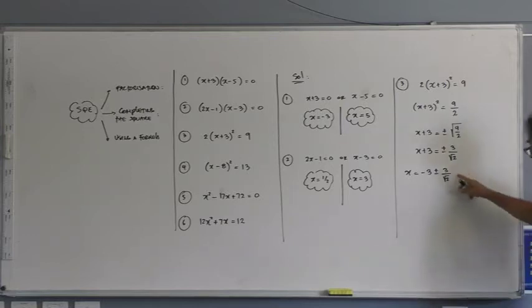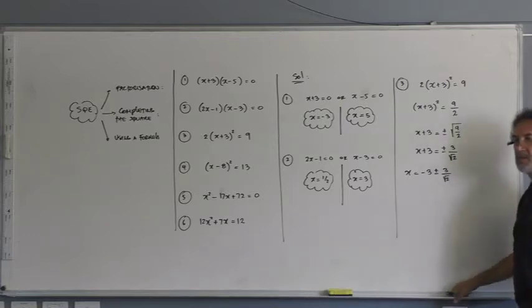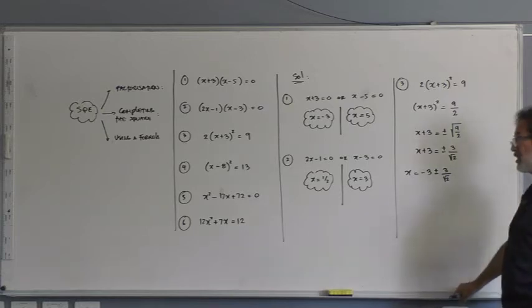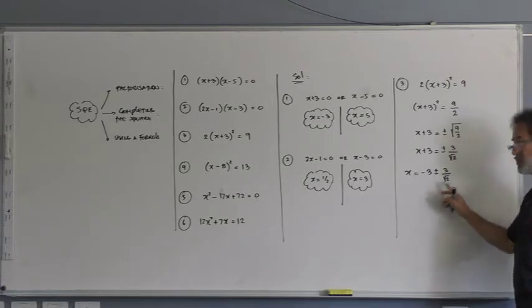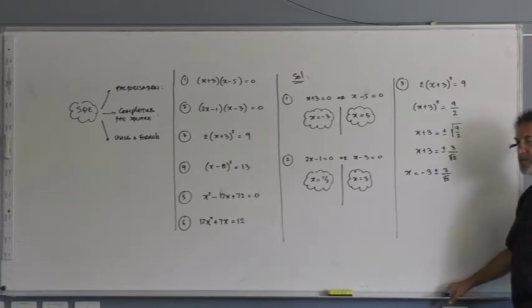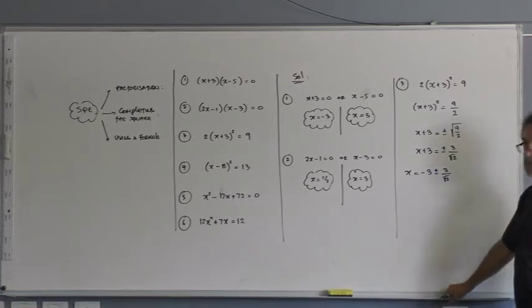And then at this point, if the question says nothing about expressing the answer in some particular way, you can put that in your calculator and find the answer correct to 1 decimal place or 2 decimal places, or you can just leave it like that. But if the question says express the answer in simplest form, then you need to simplify a bit more.